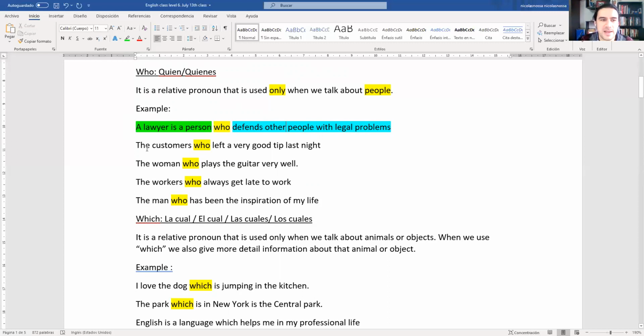Another example: the customers, plural, but I'm talking about people, customers, who, my connector, because I'm talking about people, who left a very good tip last night. So this sentence, one more time, is describing these people.